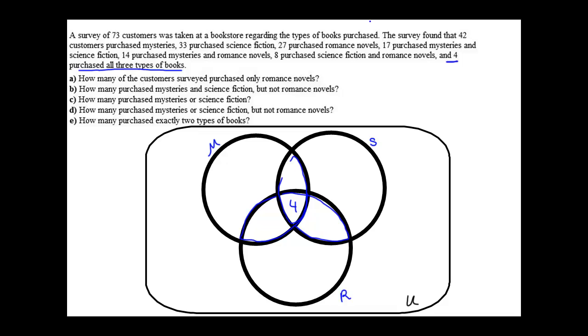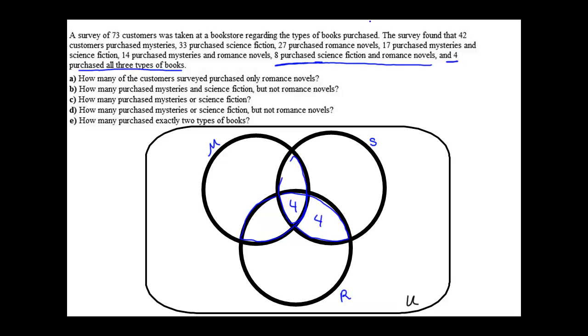I see that 8 purchased science fiction and romance novels. So the intersection between science fiction and romance novels, which would be this area, needs to have a total of 8 purchased. We've already accounted for 4, so we need 4 more.